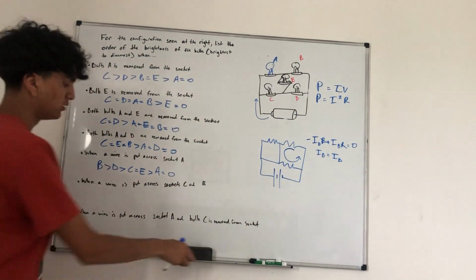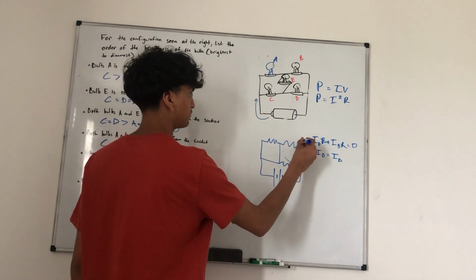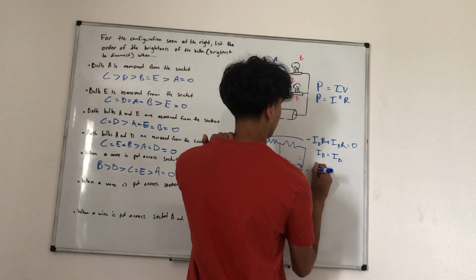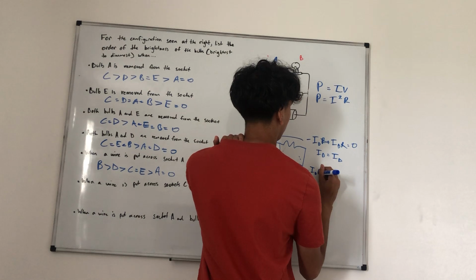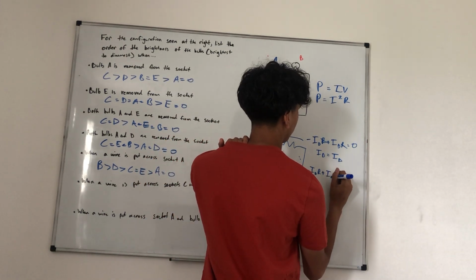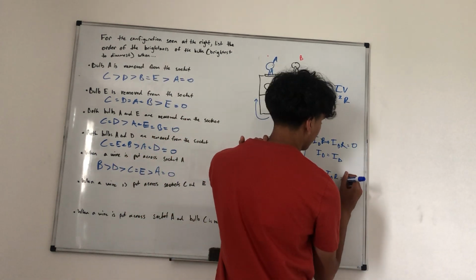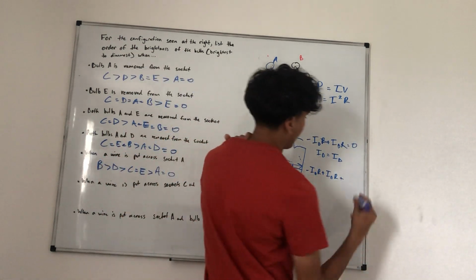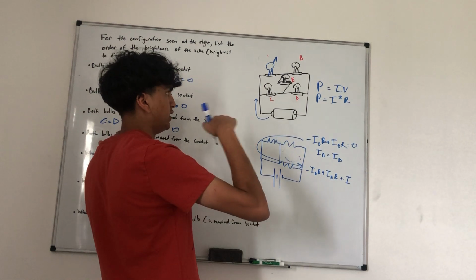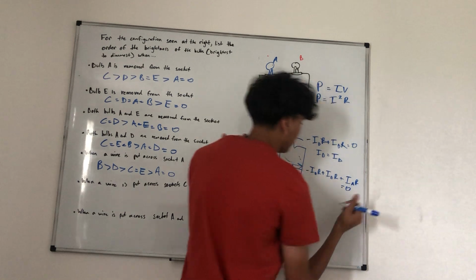Now let's say we make a loop like this. So we're going to have minus ID R plus IB times R, and then plus, we'll say plus here, because maybe we're going against, IA times R, is all equal to 0.